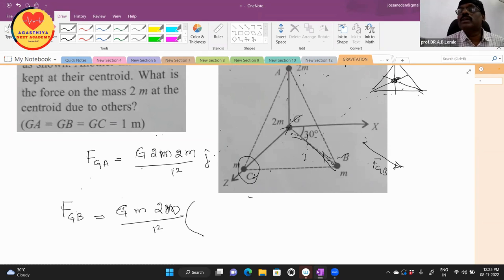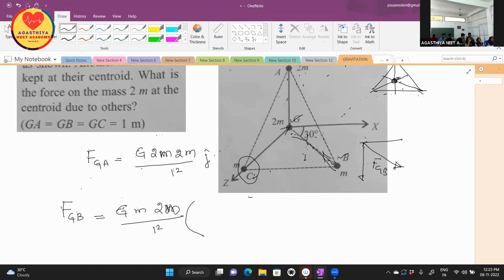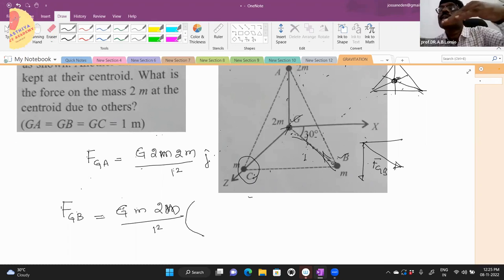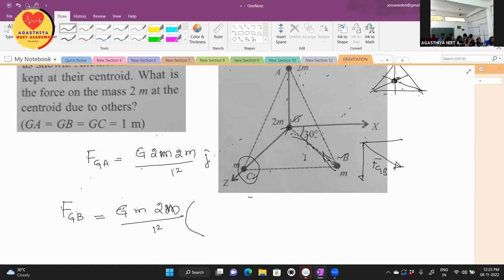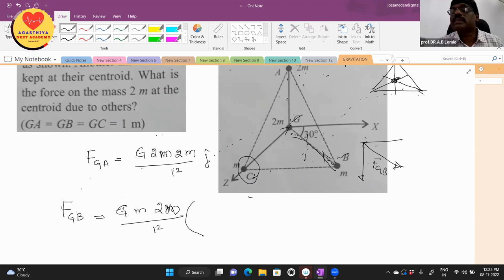It will produce the horizontal component and vertical component. The mass placed at A only acts along the y-axis, so it is not necessary to resolve. But in this case, the force acts at an angle of 30 degrees with respect to the x-axis.